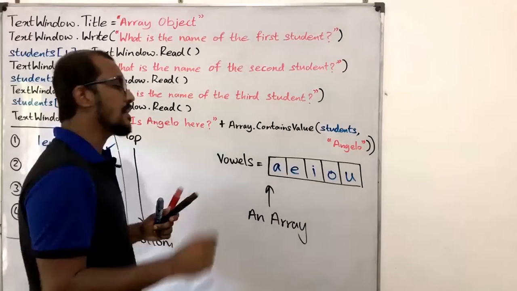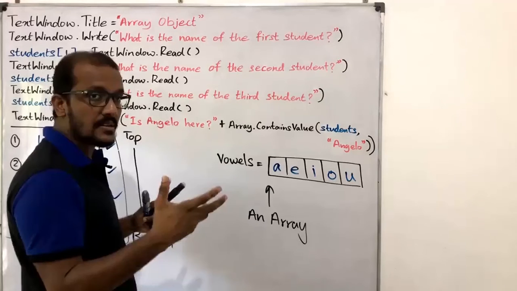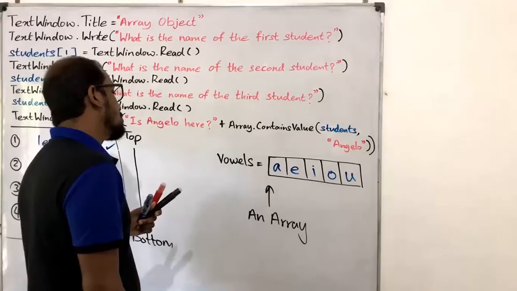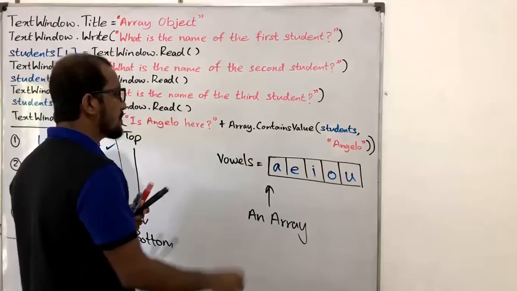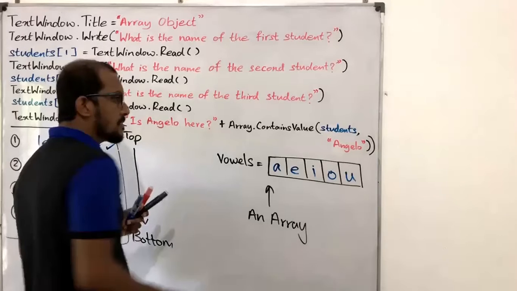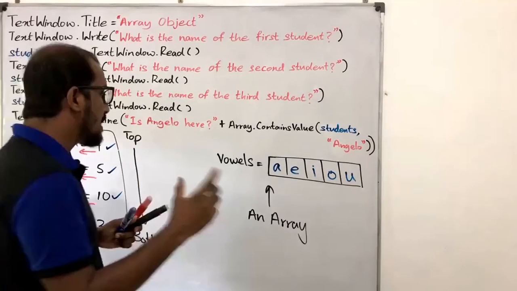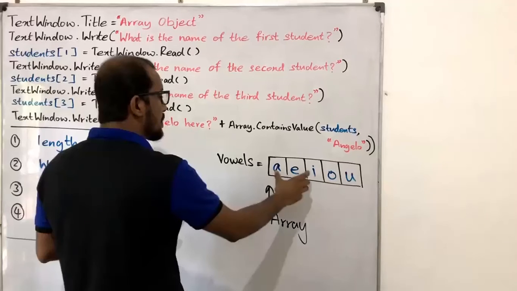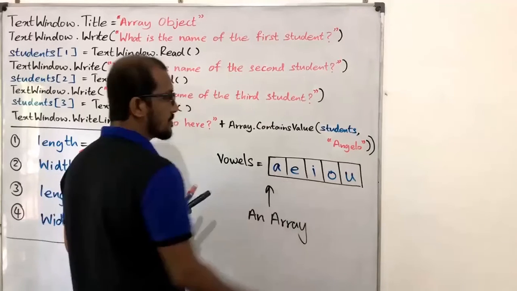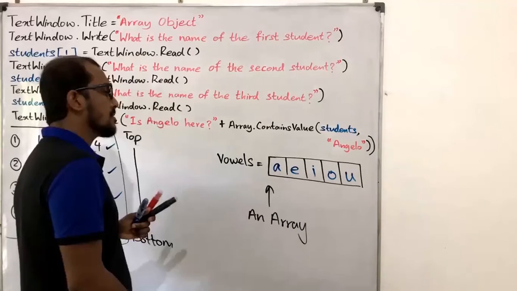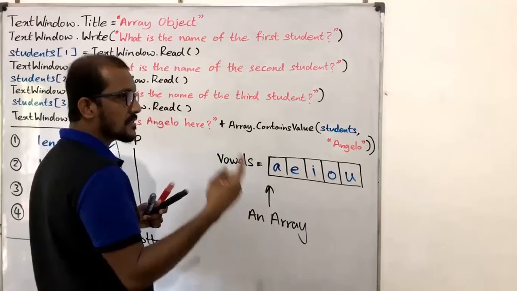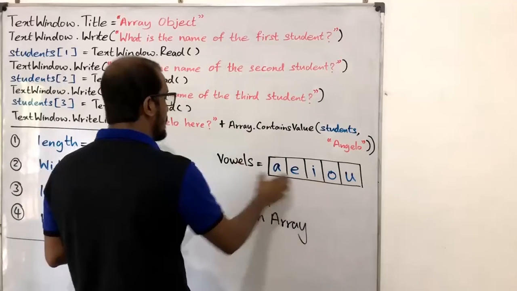That's the difference. So this is called an array. Just as a variable has a name and a value, an array also has a name and multiple values.